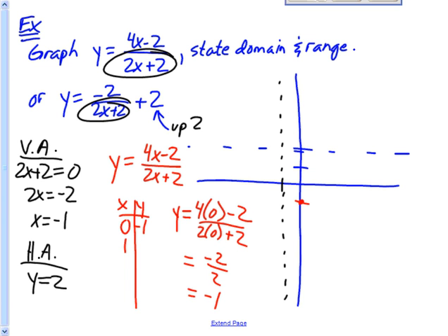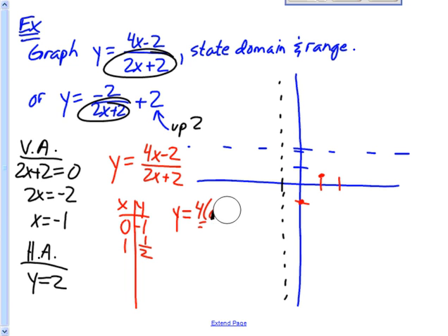Okay, plug in 1 now. So we got 4 times 1 minus 2 over 2 times 1 plus 2. So we got 2 over 4. So we got a half. 1 comma 1 half is our point. I'm up halfway. Let's go another one. How about 2?